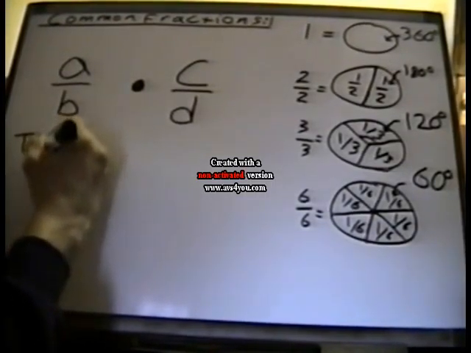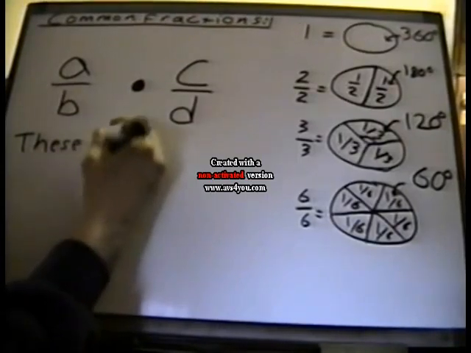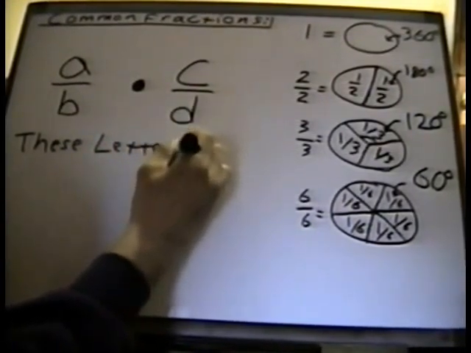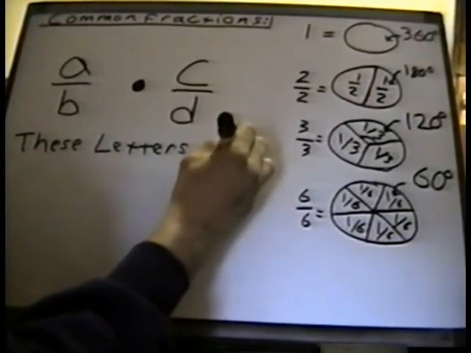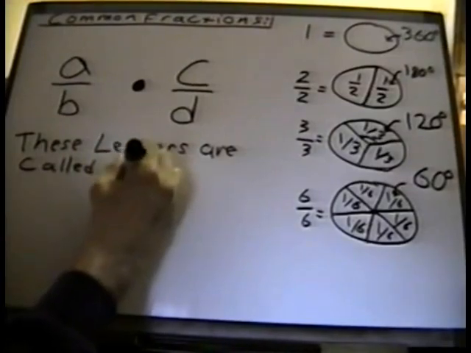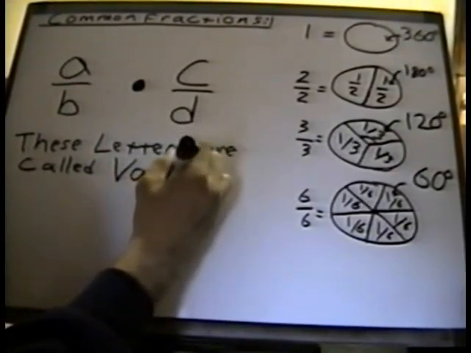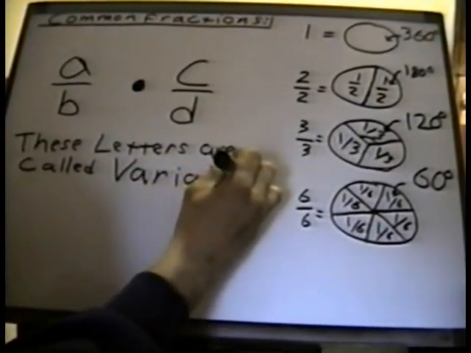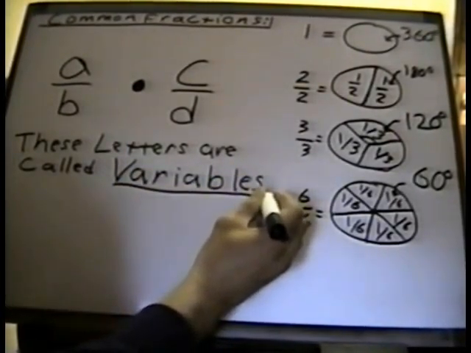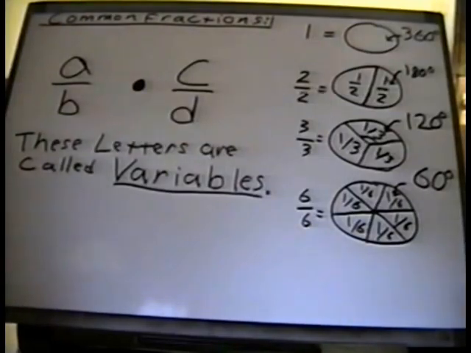These letters are called variables. So a variable is a letter that we use to represent a number.